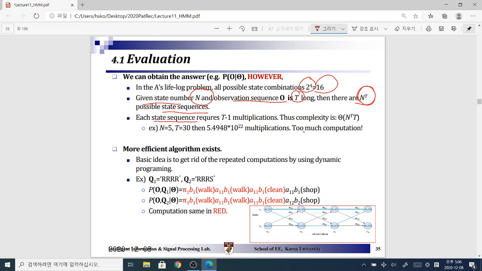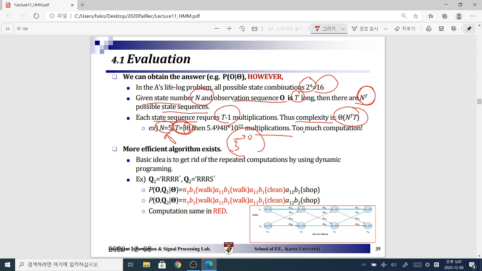So this state sequence, as we saw in the previous slide, is going to take t minus 1 multiplications. This means that the complexity is N to the power T times T. So in terms of the number of multiplications, for N being 5 and T being 30, that is 5 different states with the amount of time T being 30, that would be 5 to the 30th power.